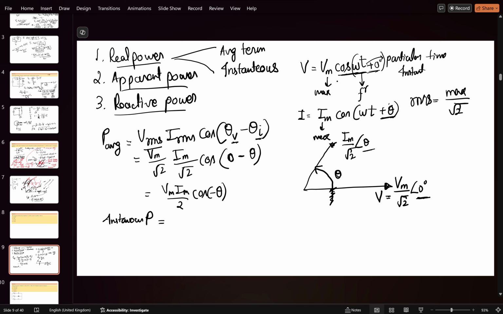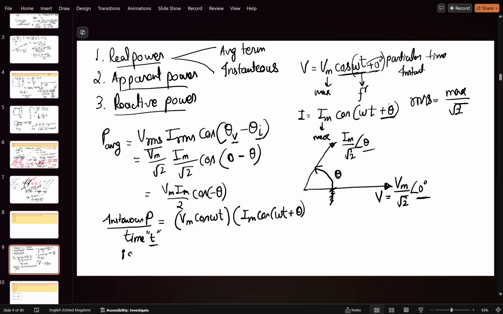Instantaneous power means you just multiply both terms. It will become Vm cos omega t multiplied by Im cos(omega t plus theta). This instantaneous power is represented at a particular time t, and you put the values where you wanted to find.